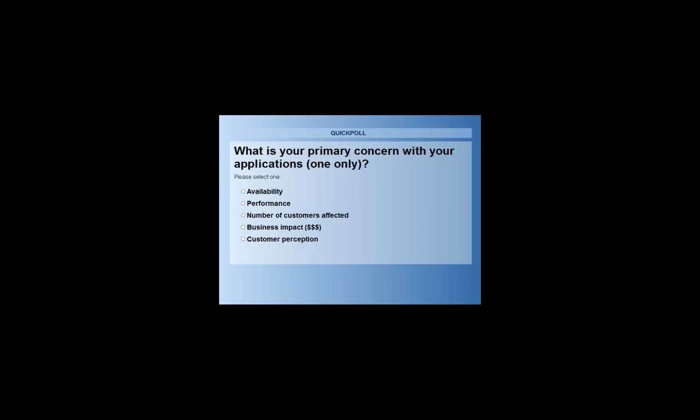And please just pick one. The first one's availability, performance, number of customers affected, business impact, in other words, in dollars, and customer perception. So these are the 5 potential answers you can click on to determine your concern around your applications.